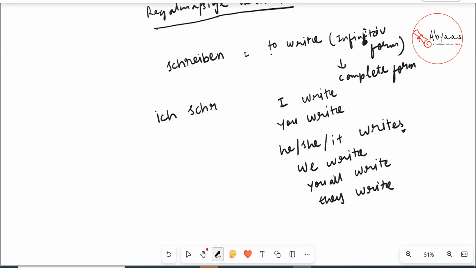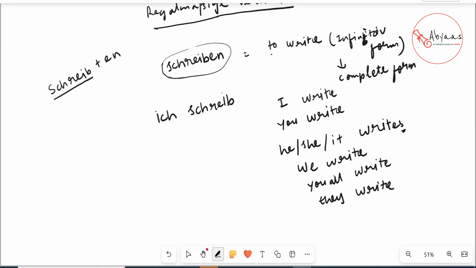So what I'll do over here, this is the infinitive form or complete form. In this case, out of this verb, I'll separate schreib plus en.